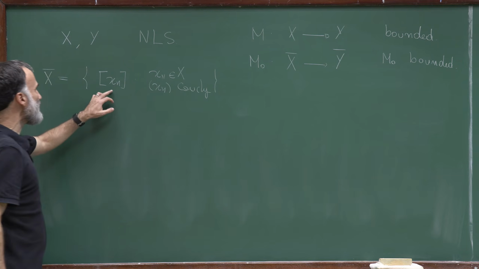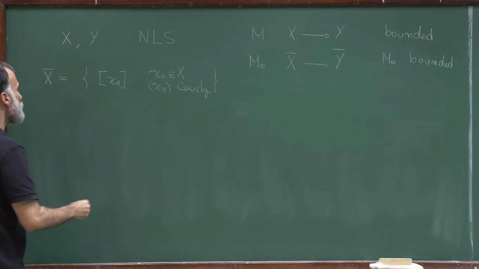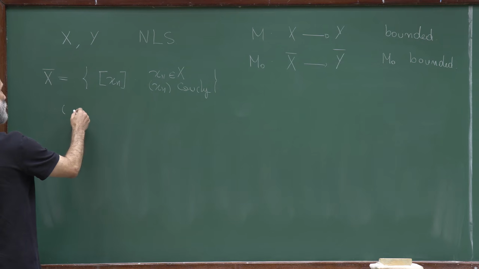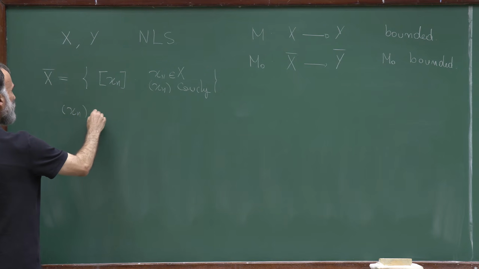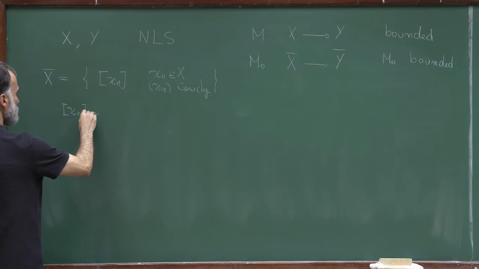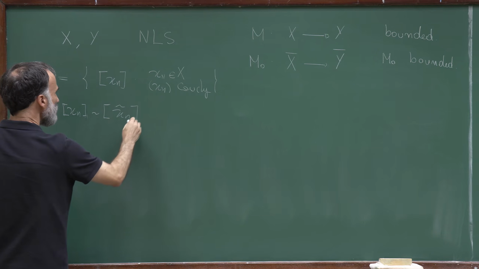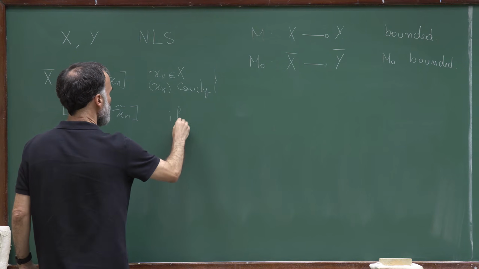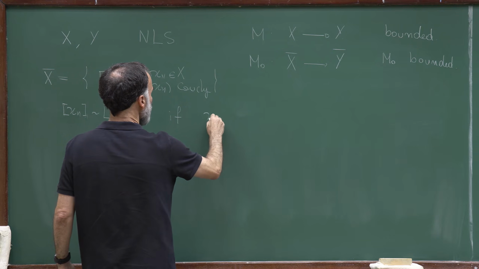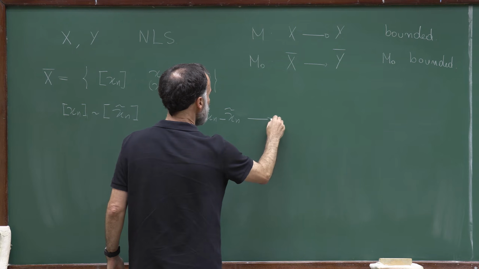And this is the class of equivalence of this Cauchy sequence. So I will say that two Cauchy sequences, xn and xn tilde are equivalent if xn minus xn tilde converge to 0.